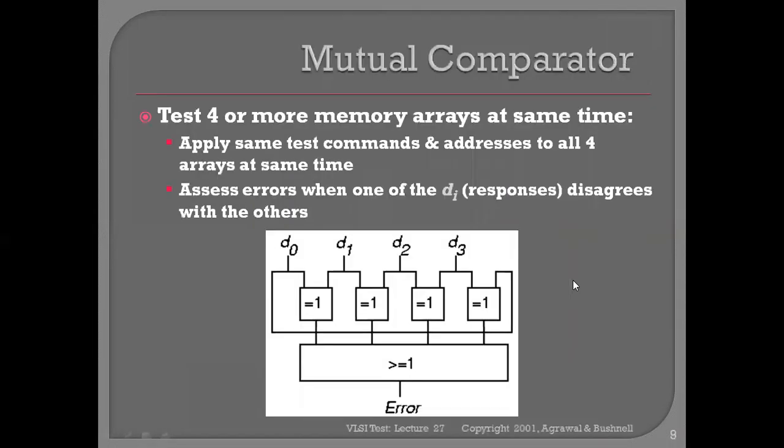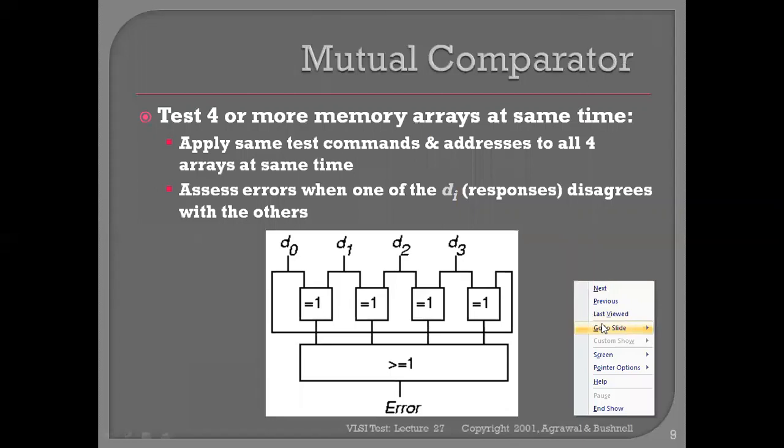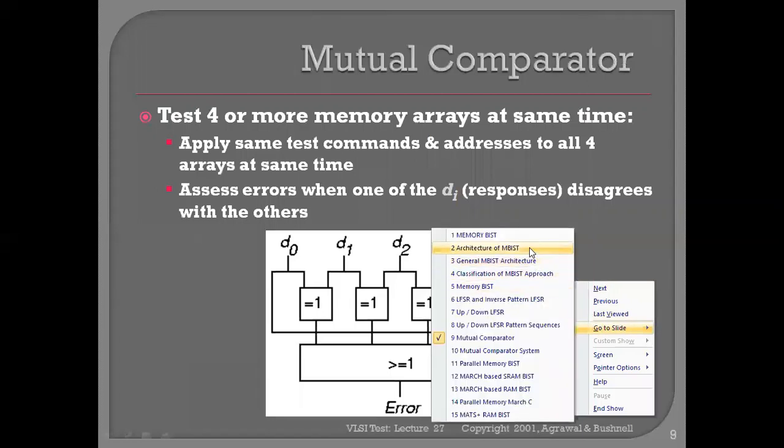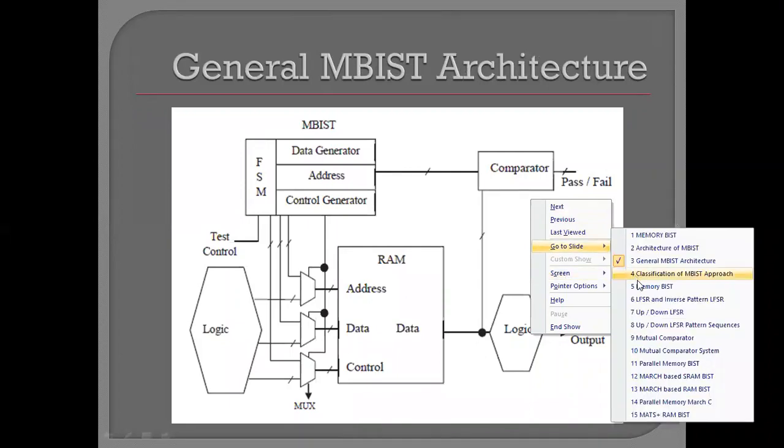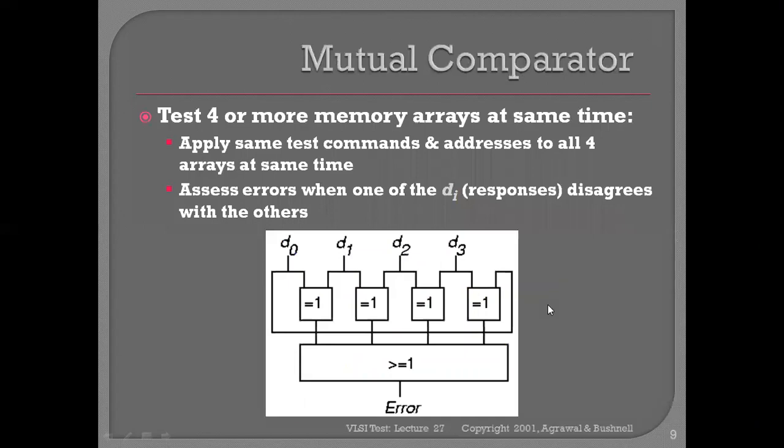Okay. So next we come to the next module, which is the comparator. So what is this comparator? How is it actually formed? So the comparator is working as a mutual comparator.